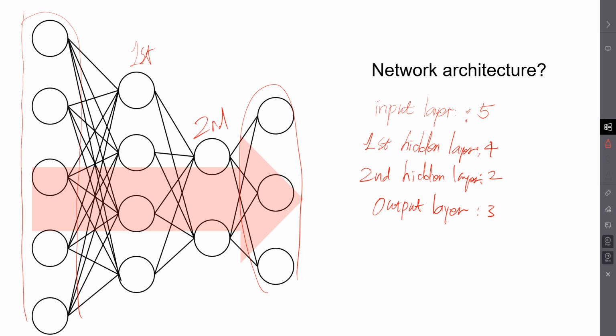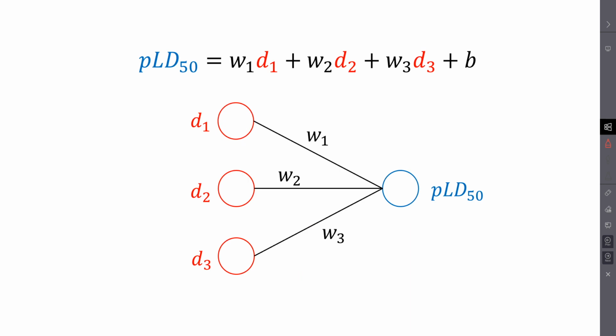So this is it. And in this slide, I'm gonna explain how a neural network makes calculations. We learned this before. This is called linear regression, and linear regression has these weight values assigned to each descriptor, and this equation can be described in this way.